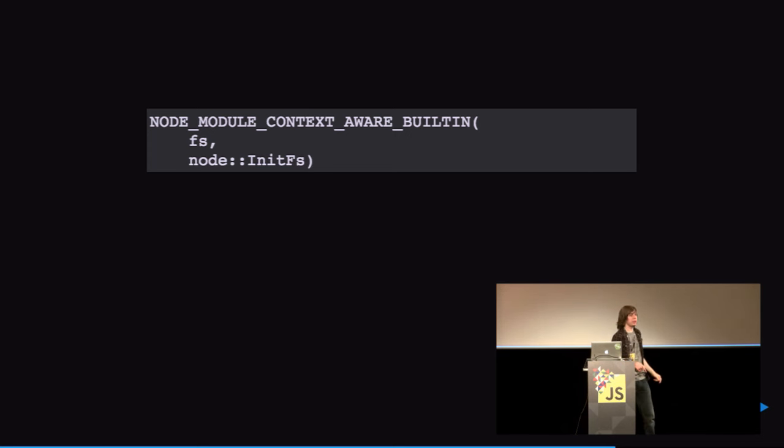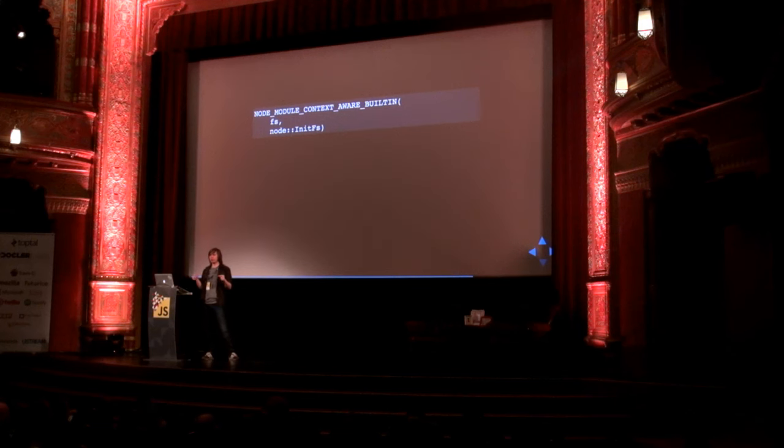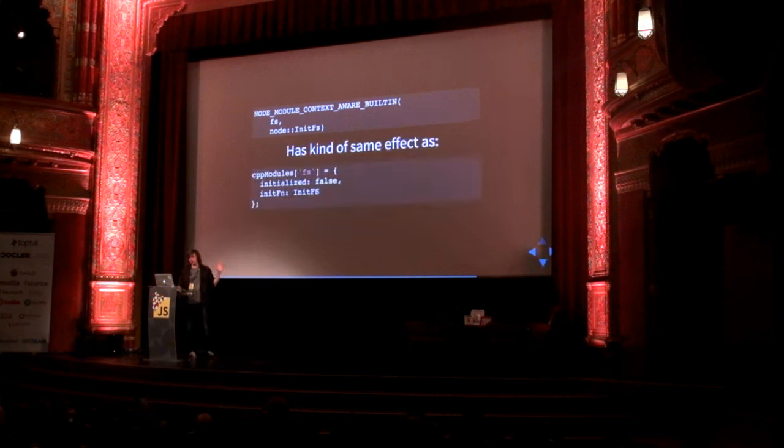First is the name of the binding. It is the same string that you pass to the process.binding function. And second is the function that will be used for the installation process. It has kind of the same effect as the following JavaScript code snippet. It just puts the binding onto some kind of internal hash map in C++ and sets the initialization function there.